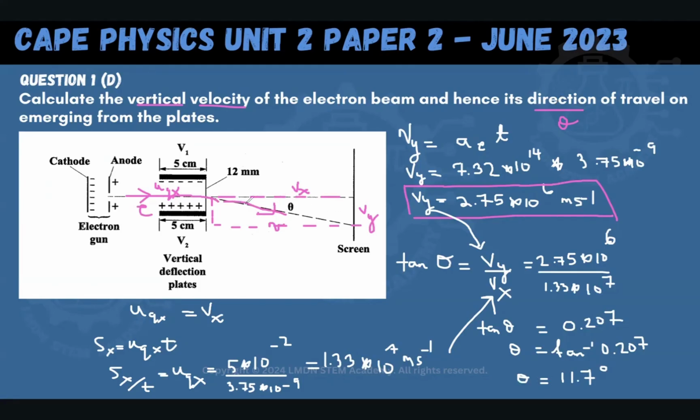That's that angle right there. It emerges at an angle of 11.7 degrees. Okay, let's box that in. These are the two things that we need to put here to complete this question. That's our vertical velocity and that's the direction of travel. And with that, we have come to the end of this question.